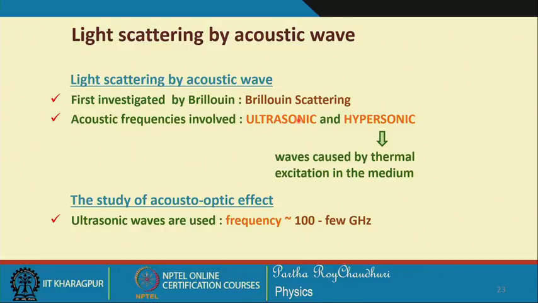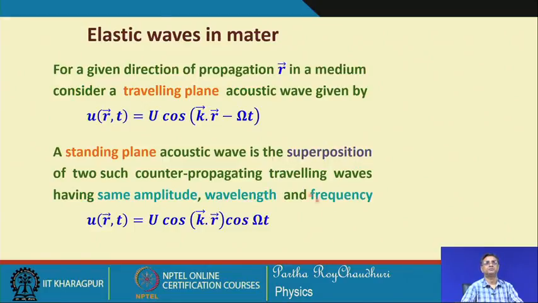Acoustic frequencies involve ultrasonic and hypersonic waves that are caused by thermal excitation in the medium. The study of the acousto-optic effect usually uses ultrasonic waves within the frequency range of 100 hertz to a few gigahertz. So, this is the range of study of this acousto-optic effect.